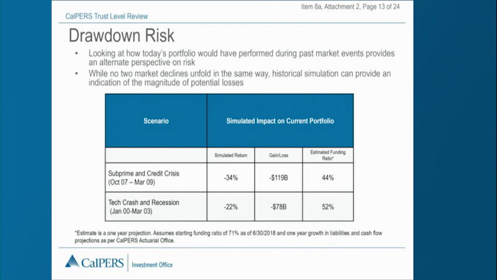So this portfolio is still exposed to that kind of risk, and this extrapolates what would happen to the funded ratio should that happen in a one-year time period. So it could be fairly significant, to say the least, if those kinds of events were to replay themselves. And this is not a forecast that they will replay themselves, but we need to be sensitive to the fact that this is still a portfolio that is exposed to that kind of possibility.